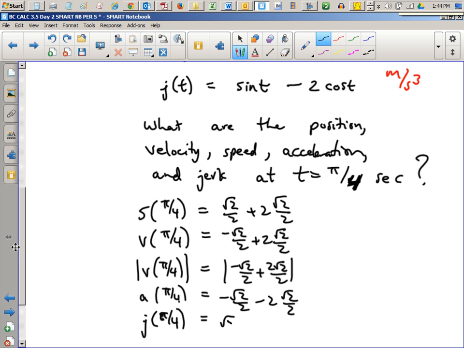And jerk was sine t minus 2 cos t. All the sine t's and cos t's are root 2 over 2 because we're doing pi over 4. Pretty simple. You can simplify all those to get your answers. And don't forget the units.